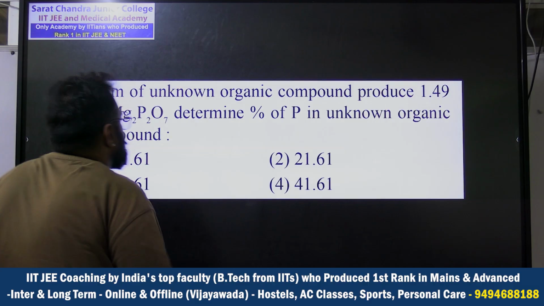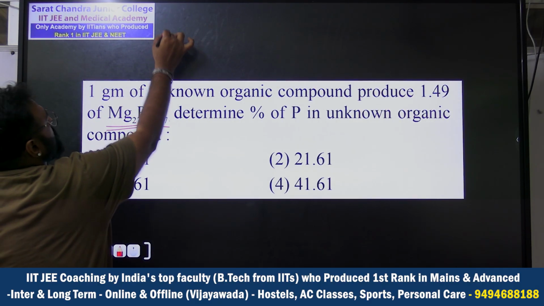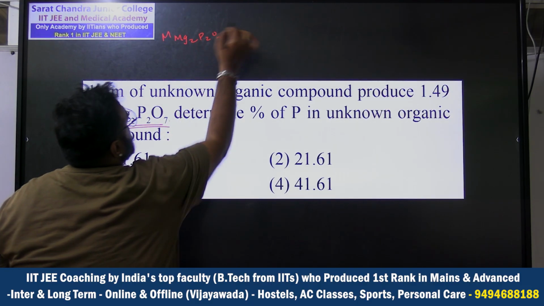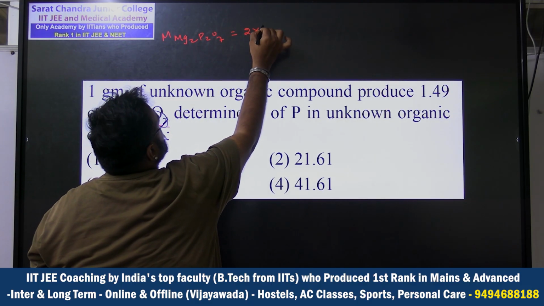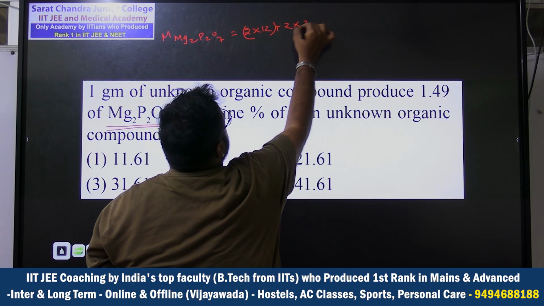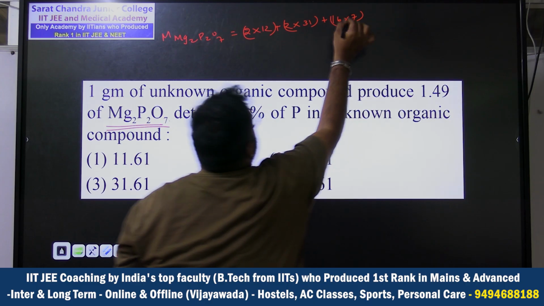Let us find the molar mass of Mg2P2O7. So 2 into 24 plus 2 into 31 plus 16 into 7.